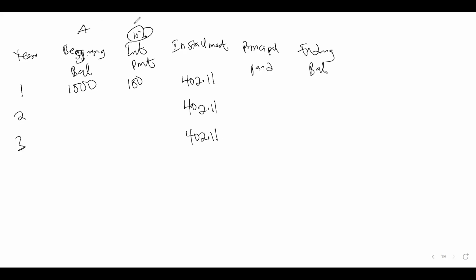So A plus B minus C: beginning balance plus interest minus the installment you paid. So it will be 1,000 plus 100 minus 402.11. It will be your ending balance, 697.89.